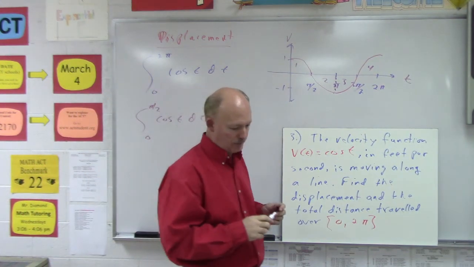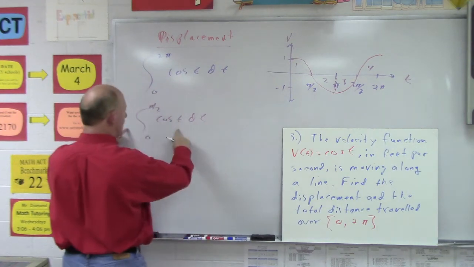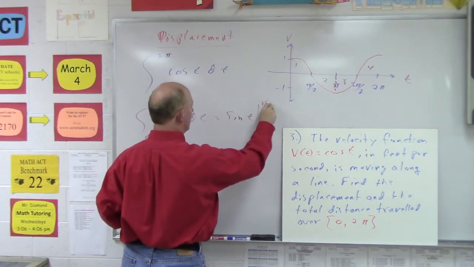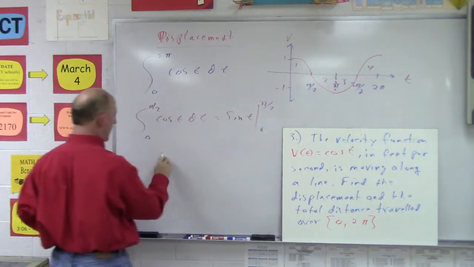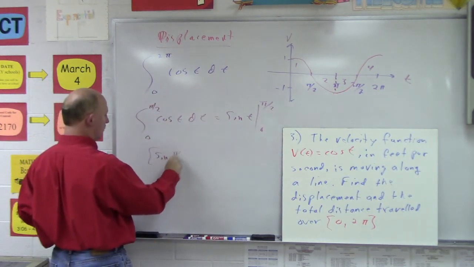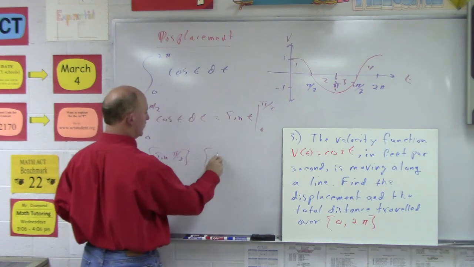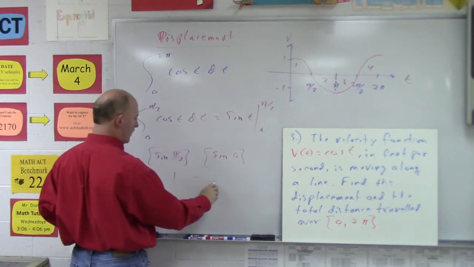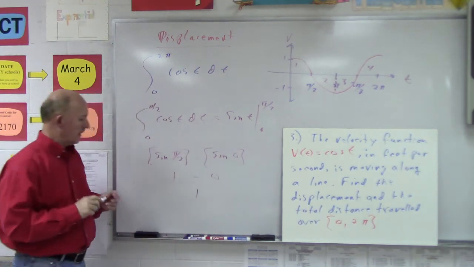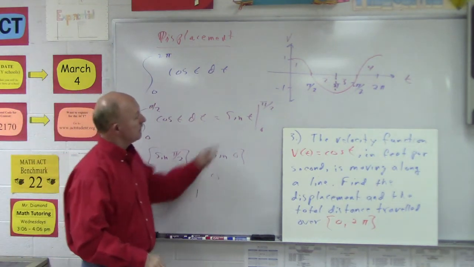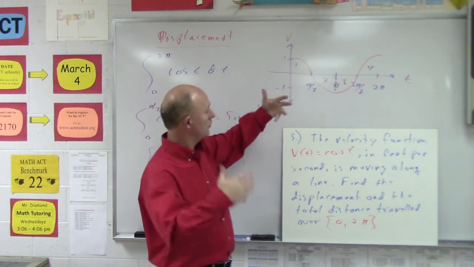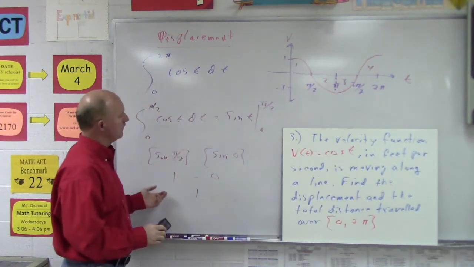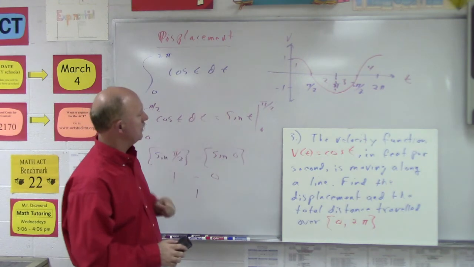Now the antiderivative of cosine is sine t from 0 to pi over 2. Substitute the upper bound minus the lower bound, so sine pi over 2 minus sine 0. Sine pi over 2 is 1, so 1 minus 0 gives you 1. So the area of region 1 is 1 square unit, and our displacement from 0 to pi over 2 would be 1.